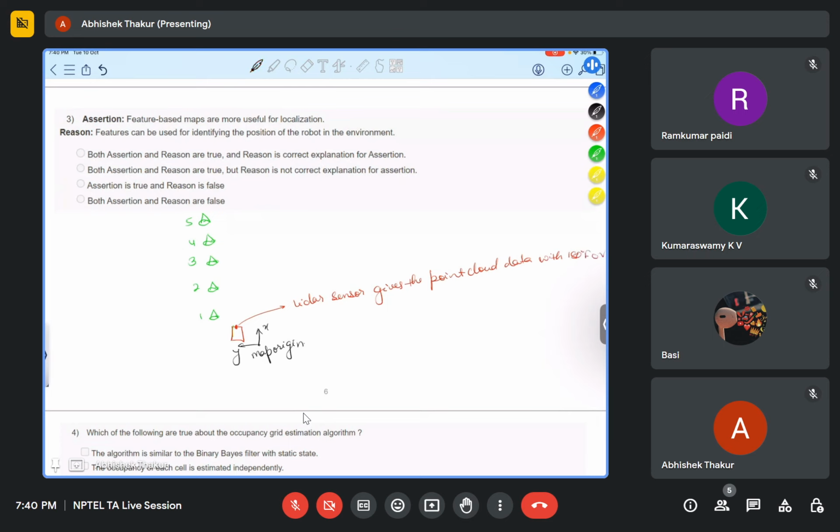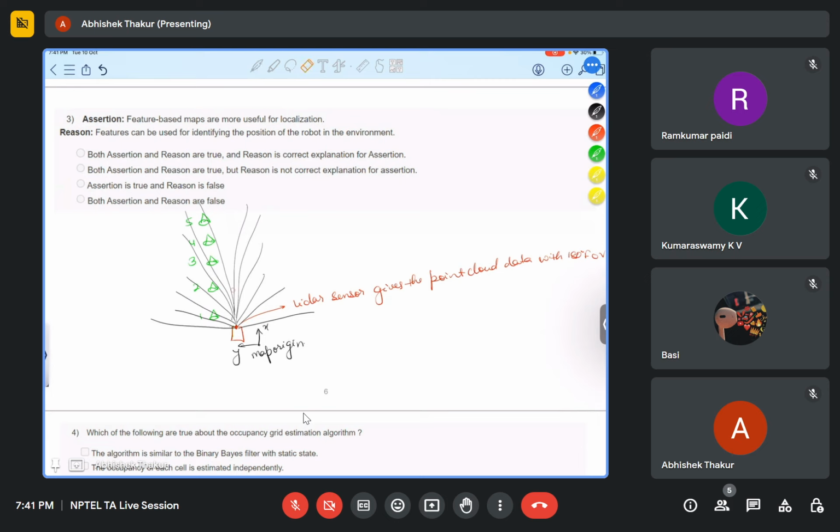So when the robot is here, this is the data here. You can see the robot detects five cones, because all the cones lie inside the data range.